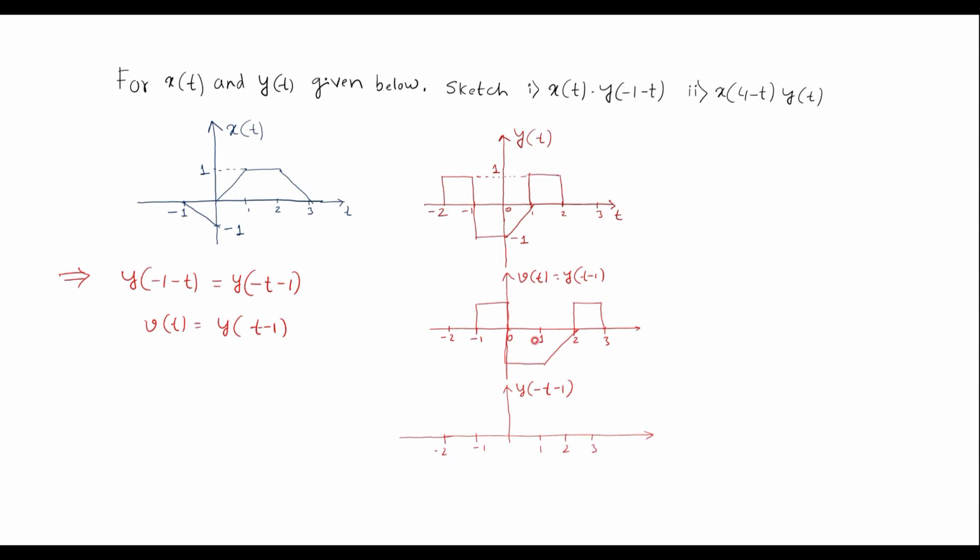Reflection means each t is replaced by minus t. So the signal which appears between minus 1 to 0 will appear between 0 to 1, and this signal will appear on left hand side. I'll draw here. So this part will exist here.